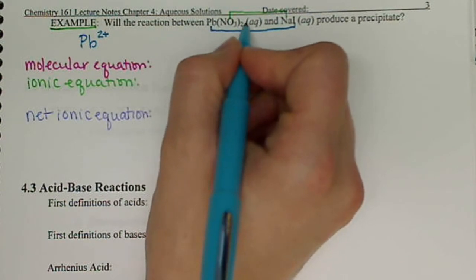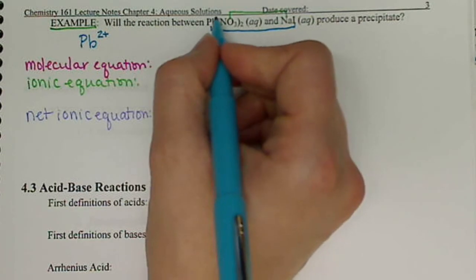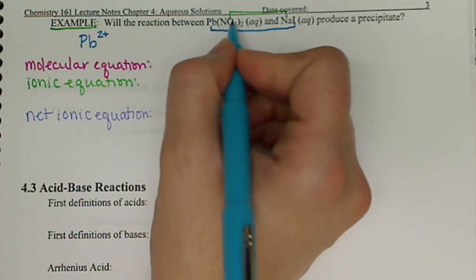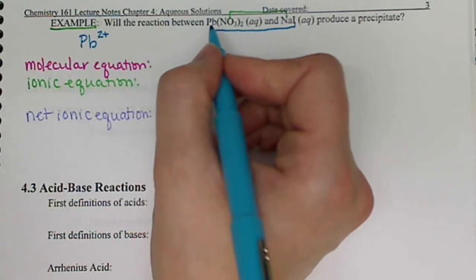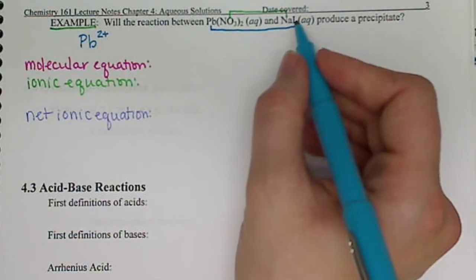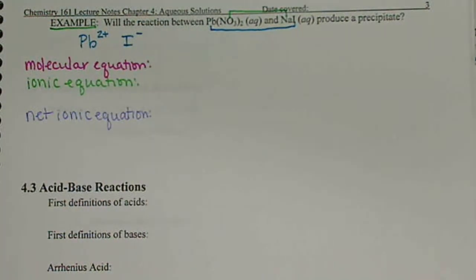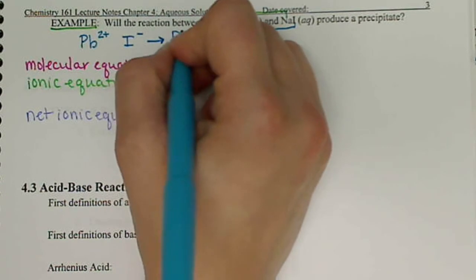So the 2 on the outside of the nitrate goes up for the lead. There's only one lead, so that goes for the charge of the nitrate, NO3-. That works. Nitrate is a negative charge, so the lead has to be a 2+. Iodide, we know from the periodic table, is I-. So these two are going to form PbI2.